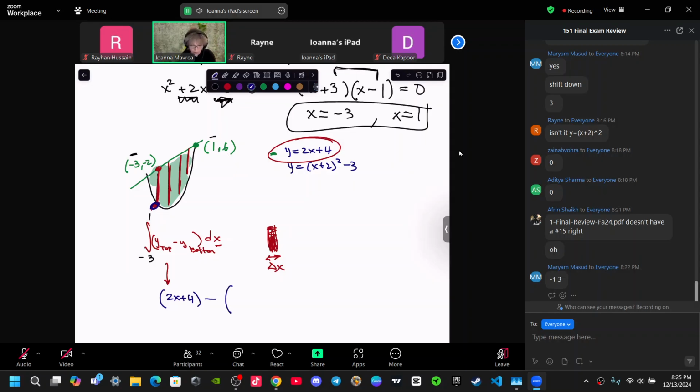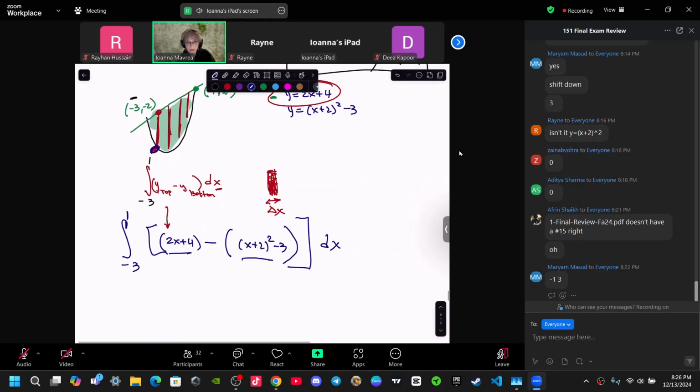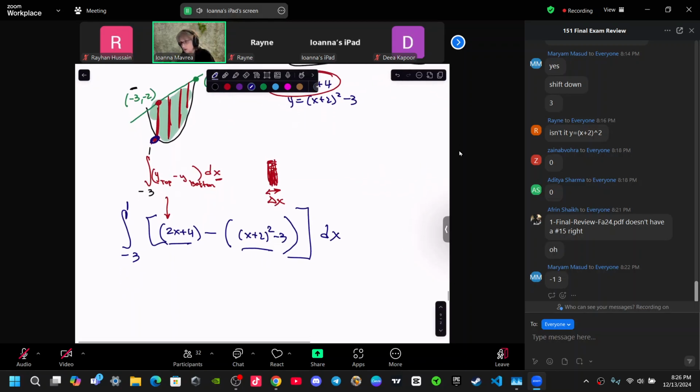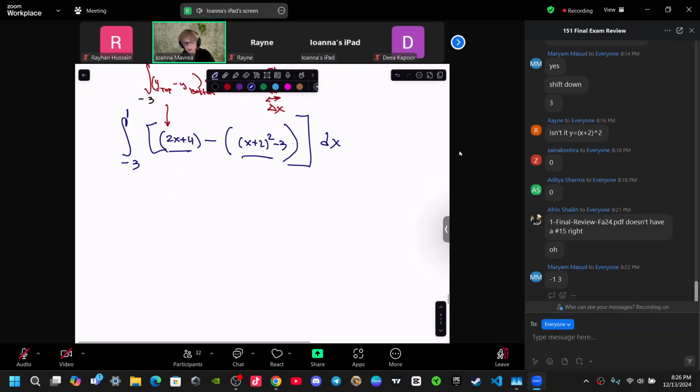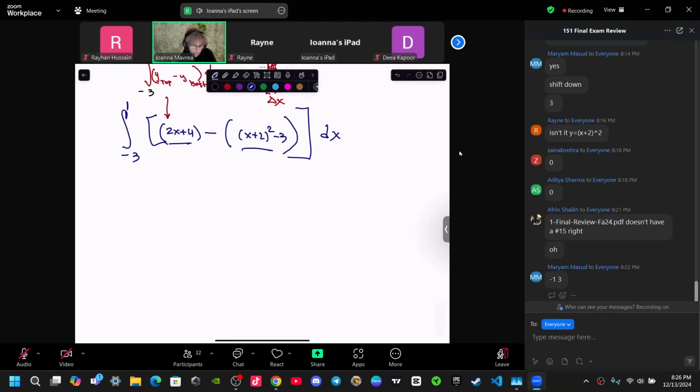So the y on the parabola is (x plus 2) quantity squared minus 3. Don't forget the parenthesis. So again, y top minus y bottom, whole thing, dx, and the x's go from the left, -3, to the right, 1. That's the integral. Okay? And they're not asking you to evaluate. Another you'll be asked to evaluate in the exam.